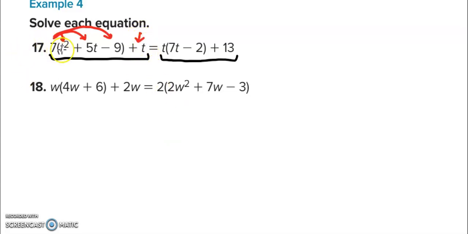So 7 times t squared is 7t squared plus 5t. Well, it's 7 times a positive 5t. 7 times 5 is 35. And the t doesn't have anything to change it. And then 7 times negative 9 is negative 63 plus t, because this thing comes along for the ride.